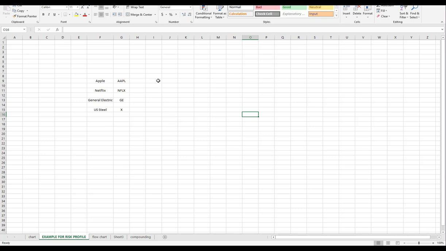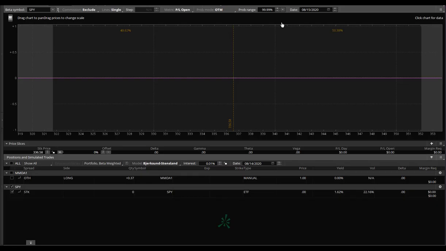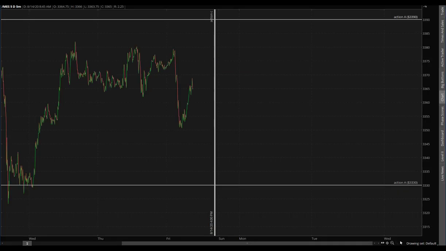I think it'll help you understand what I'm doing. I'll help you understand what's called the risk profile. This is a risk profile. Whereas on a stock chart, like we talked about yesterday, these are the prices and these are the dates.